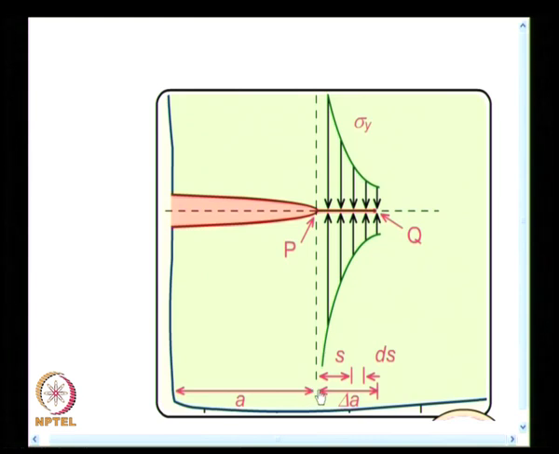Then I am looking at what happens in the distance delta A. I am looking at a position S from the first origin, that is P, and I am taking a small distance delta S. So, I can integrate from 0 to delta A. This is how I am going to proceed.